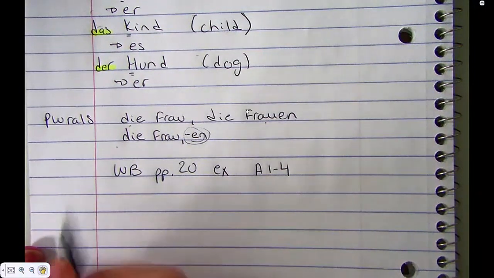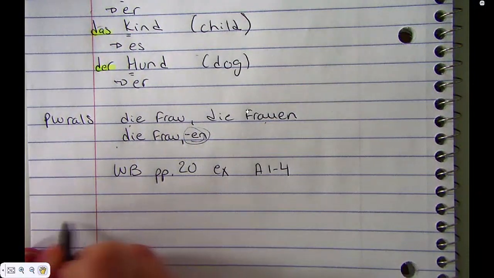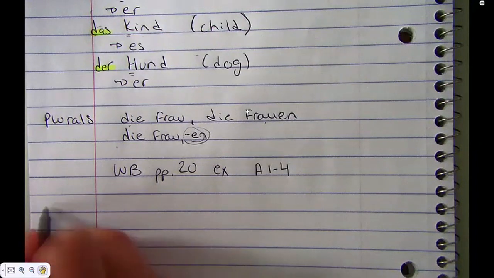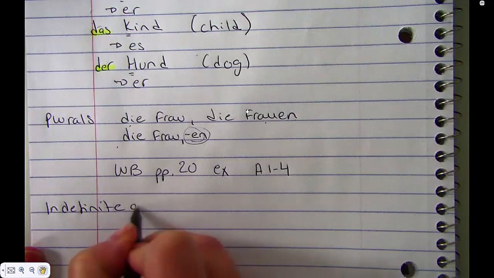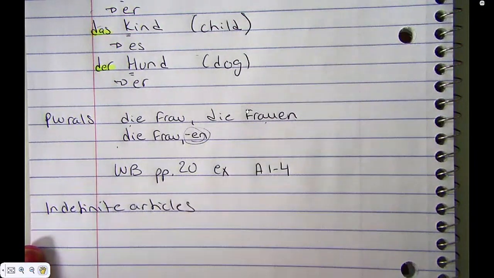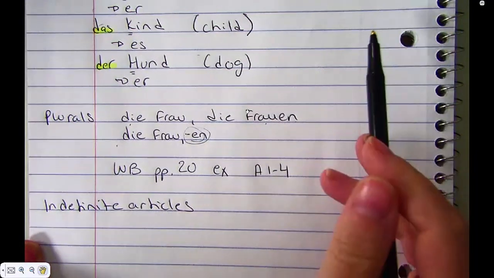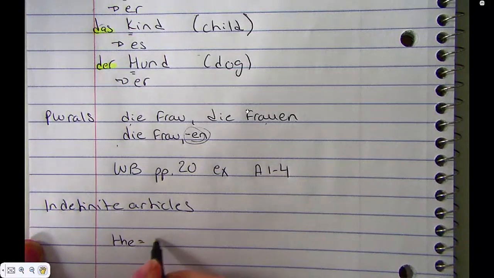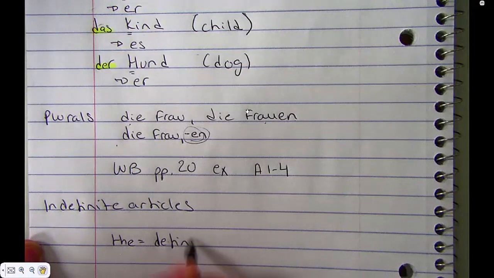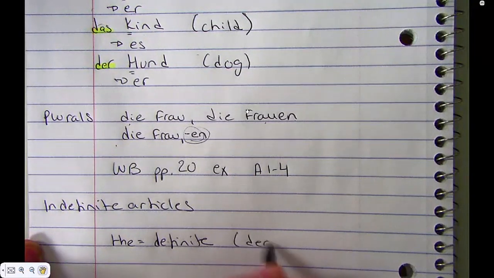So the last thing you need to know are your indefinite articles. We already talked about definite articles. That was your "the." That was der, die, das in German.